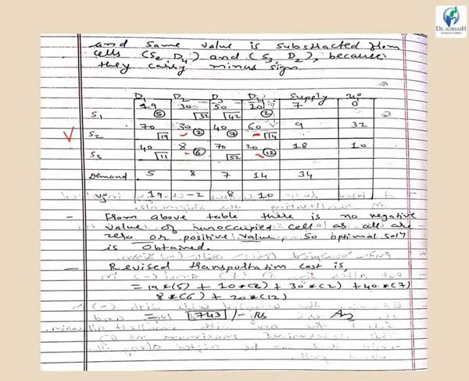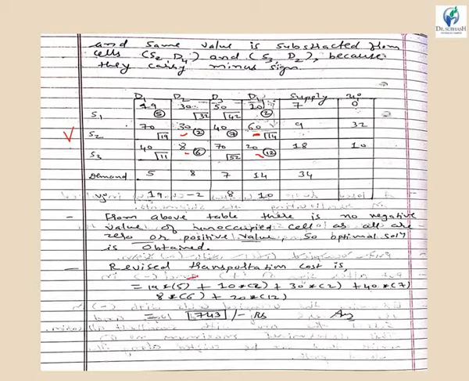When you are revising the total transportation cost for the reallocated allocations, you can see 19 into 5 plus 10 into 2, plus 30 into 2 plus 40 into 7 plus 8 into 6 plus 20 into 12.